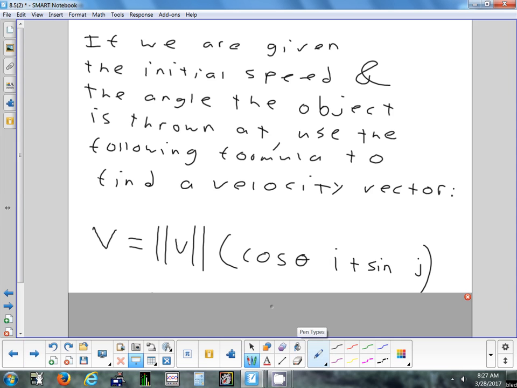So it's cosine theta i plus sine theta j in parentheses, and then the magnitude has been factored out. Okay, and that's the formula for a velocity vector. You just fill in your magnitude. That's basically how fast you're throwing the object. Fill in the angle. That's the angle that you throw the object at.